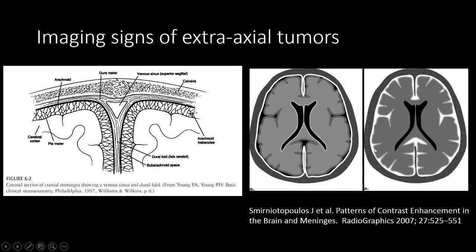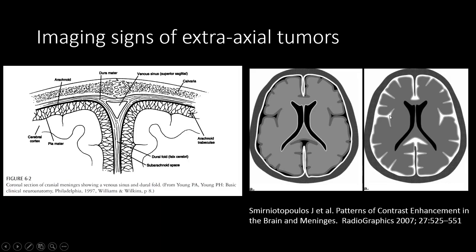Over here, we see schematic diagrams depicting dural or pachymeningeal enhancement etched in white and leptomeningeal enhancement etched in white here in this image. You'll notice that pachymeningeal or dural enhancement is seen as this enhancing area that lines the inner aspect of the calvarium and involves the dural enfoldings, for example, here in the interhemispheric falx.